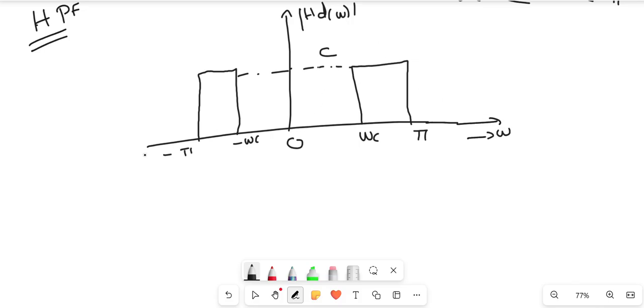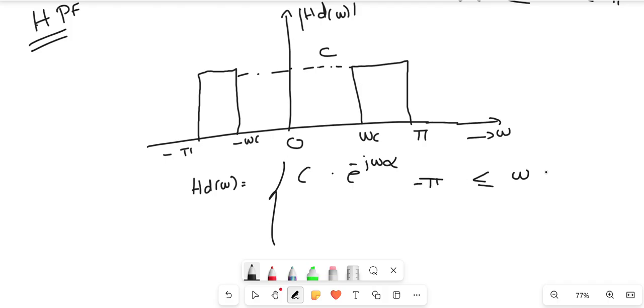Now how can you write the desired frequency response? Hd of omega is equal to C into e power minus j omega alpha, where omega is greater than or equal to minus pi and less than or equal to minus omega c, and omega is greater than or equal to omega c and less than or equal to plus pi.